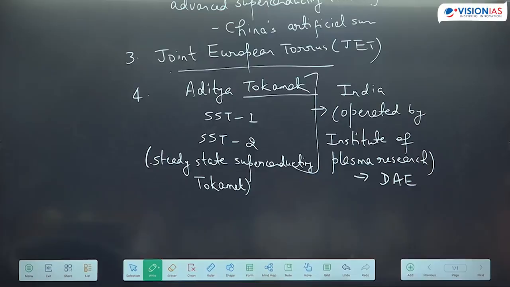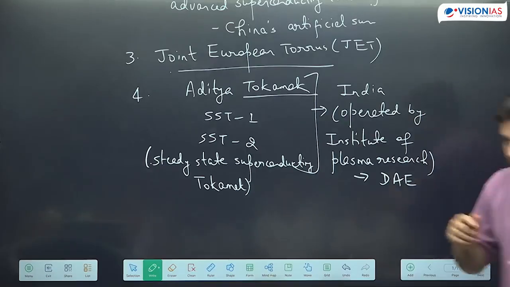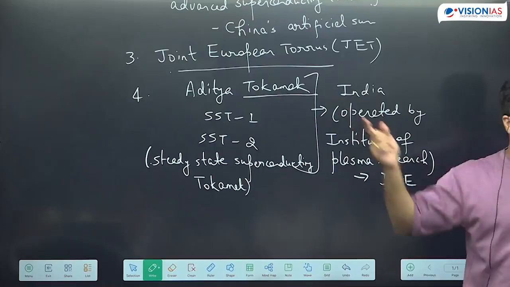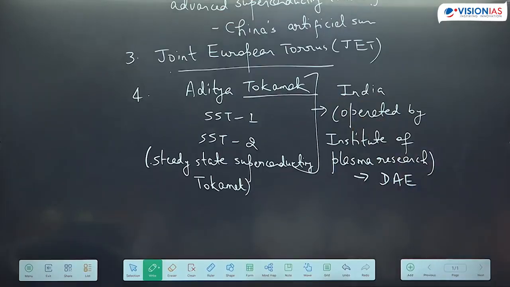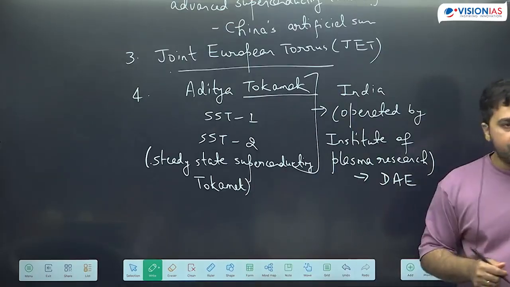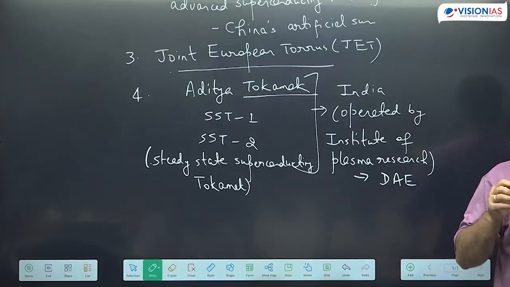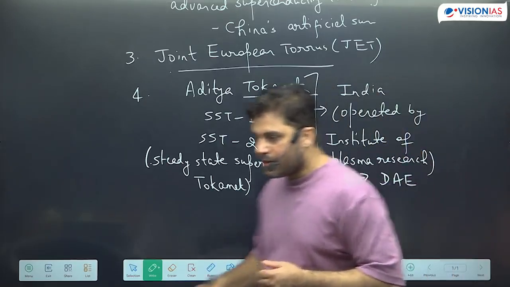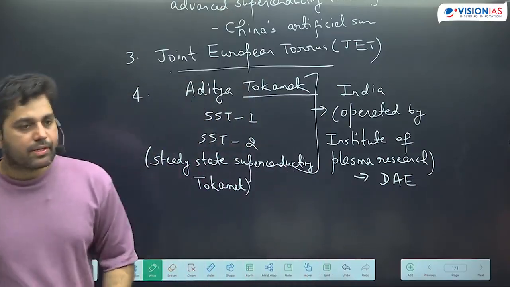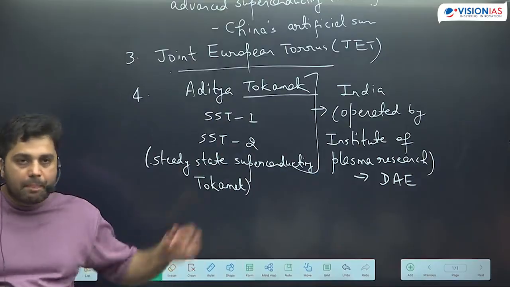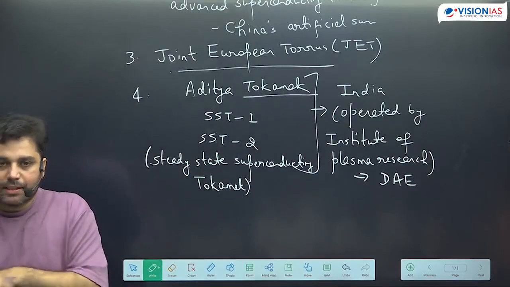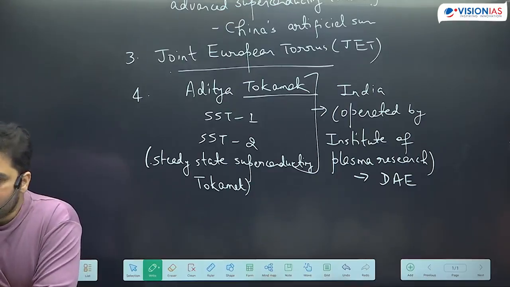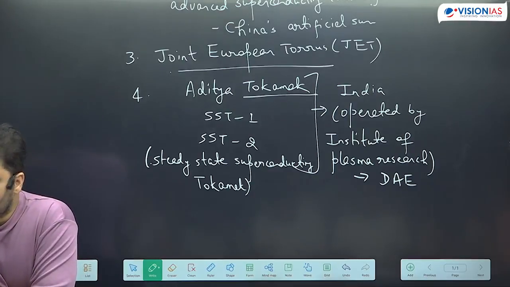So as of now, we haven't even started nuclear fusion. Our goal here is to contain plasma. And अभी initial goal हमारा ये होगा that let's keep raising the temperature. Plasma first, let's try to contain that at few thousand degrees Celsius, then at few lakhs degrees Celsius, and finally at few million degrees Celsius. And once we can contain plasma in the vacuum chamber, then we will go to the next step, which will include starting the condition where nuclear fusion is possible. So we should know about Institute of Plasma Research and these 3 experimental setups which India does have. SST2 is the latest one.